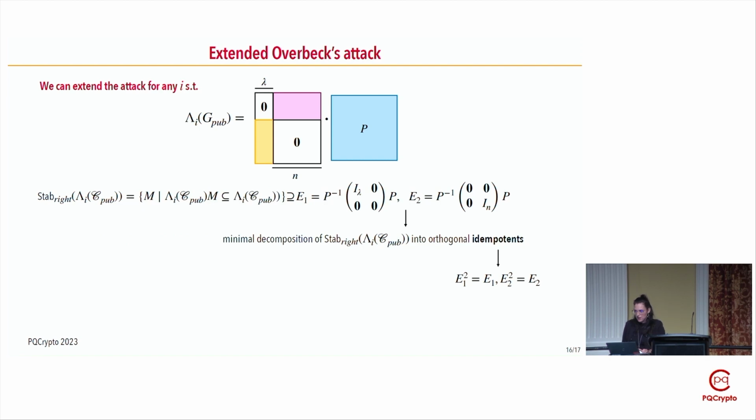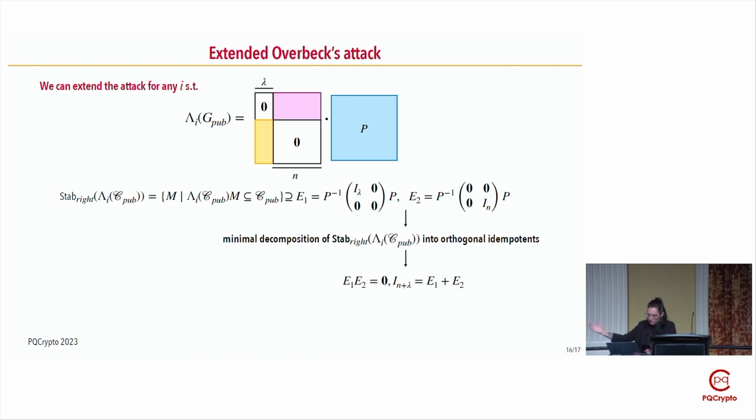In particular, we can prove that this algebra contains these two special matrices which form what we call a minimal decomposition of the stabilizer algebra into orthogonal idempotents. It's quite technical, but I just want to convey the idea. So E1 and E2 are idempotents because they satisfy these two equalities.